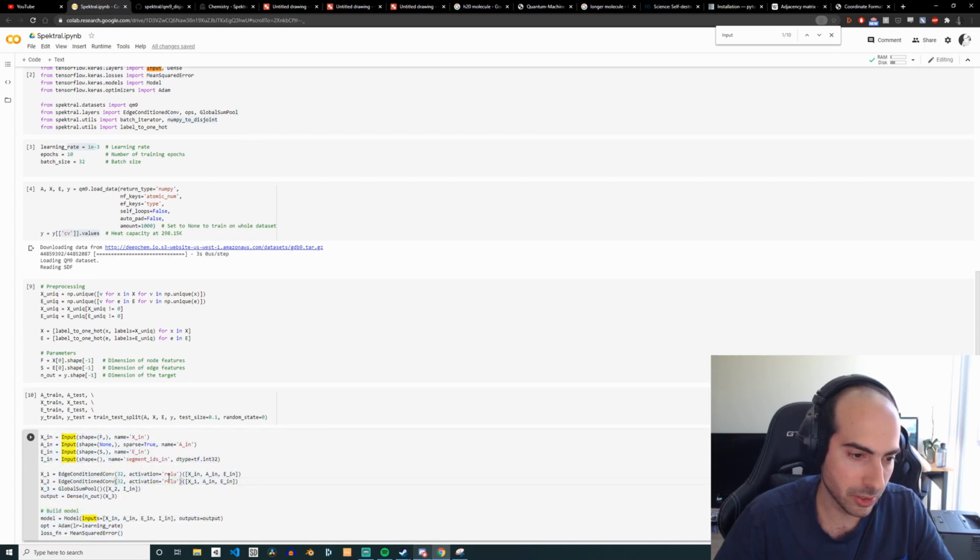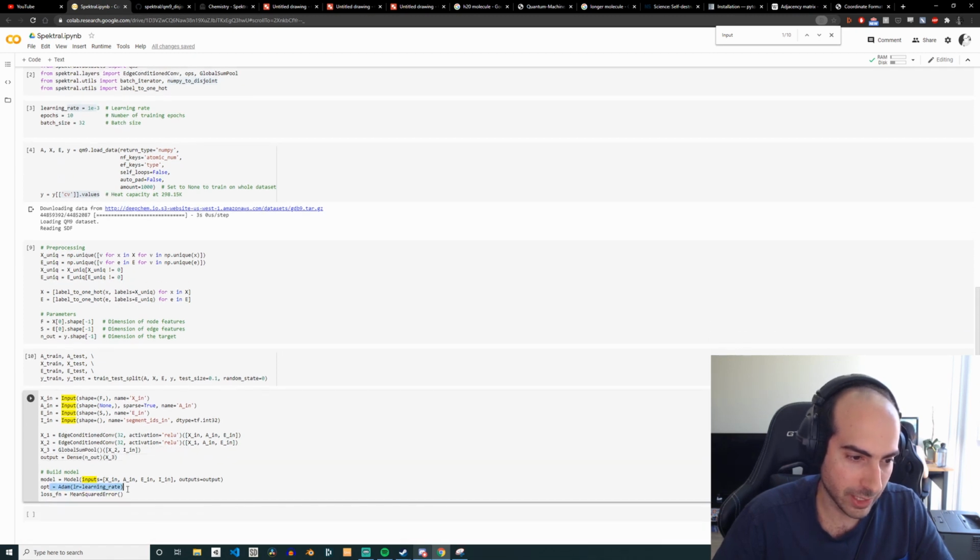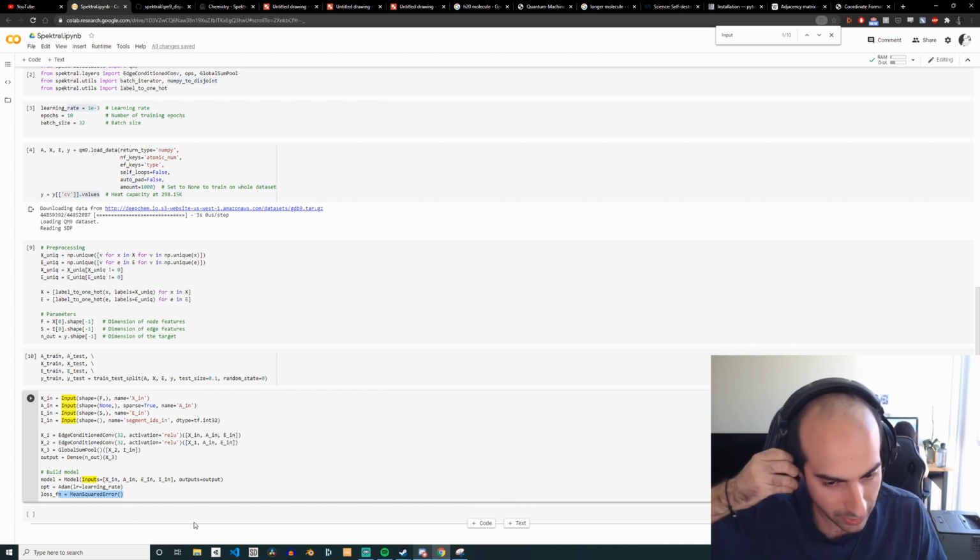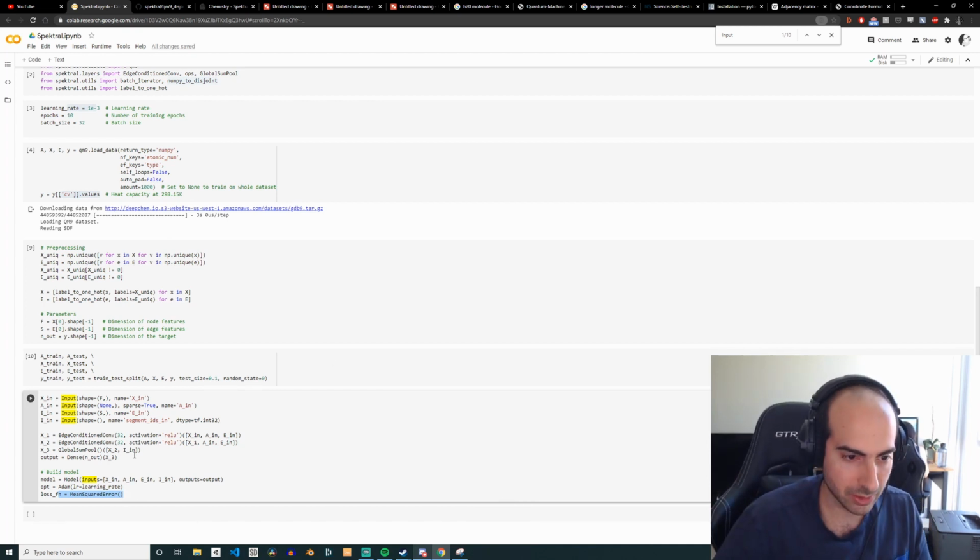Activation is ReLU, but it could be anything else. Then you do this global sum pool, and then you finish off with a dense layer so that you can actually do a regression. You set up an optimizer with Adam with your learning rate, and then you look at mean squared error given that it's a regression. If this was a classification, you would use the categorical cross entropy, for example.